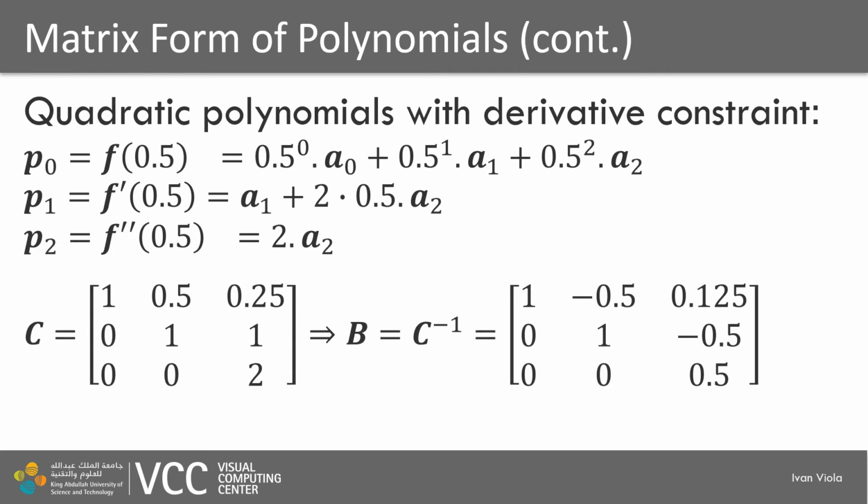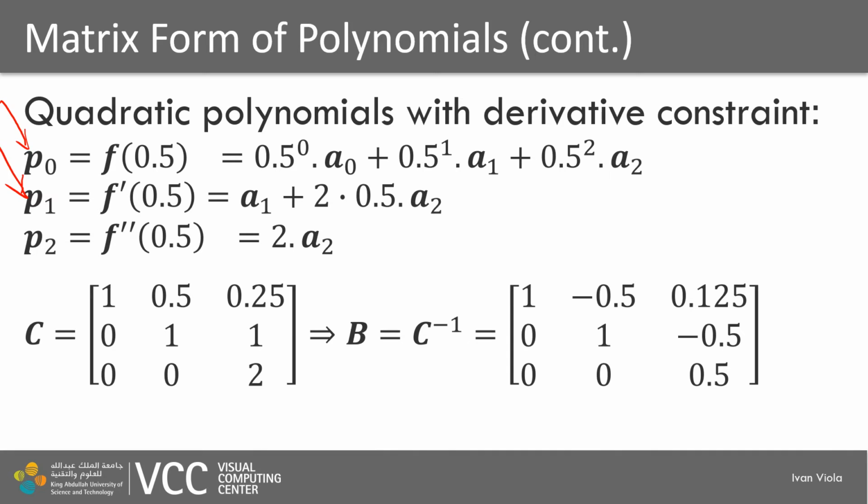So let's have a look if we have again a quadratic polynomial which we are searching for with the following constraints. We have only one point defined, and that is in the middle. Then we have another, we call it a control point, but it's not really a point, it's a constraint.